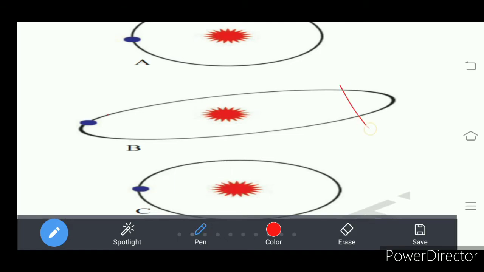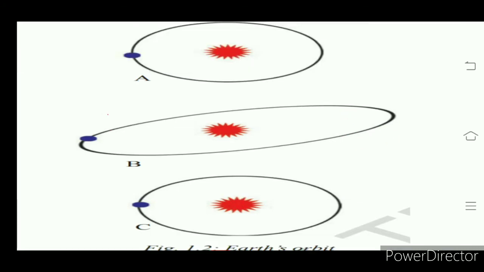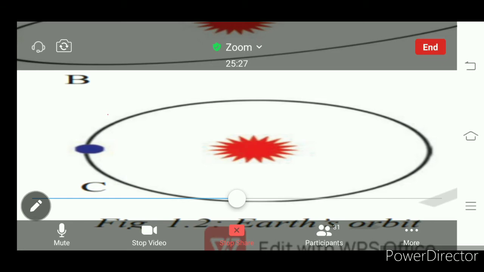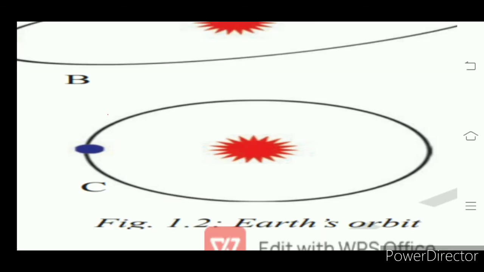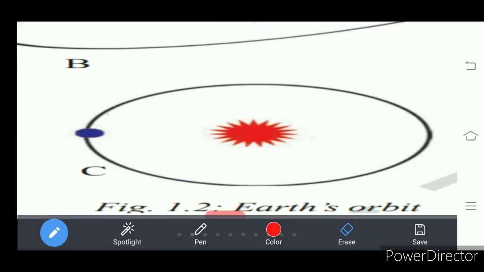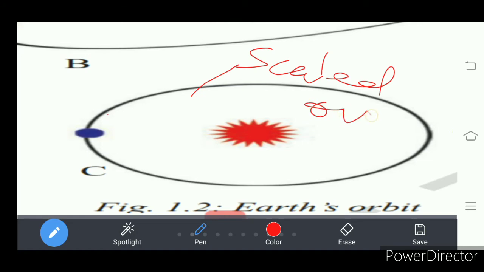So the figure B showing the orbit of the Earth is wrong. Then how is the shape of the Earth's orbit? Look at here. This is the figure C. It tells that the shape of the Earth's orbit is a slightly oval path.